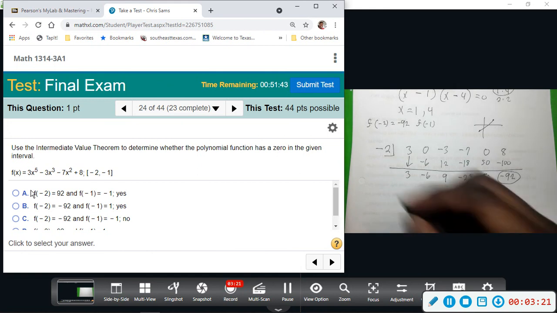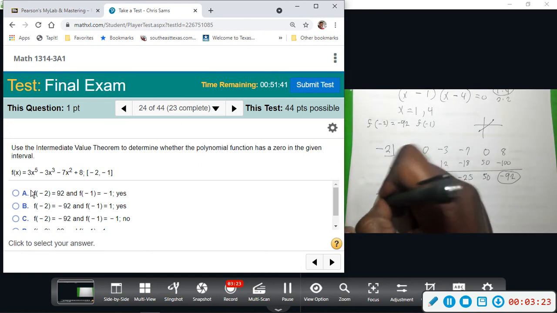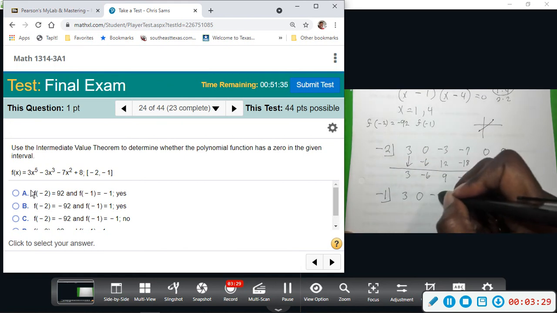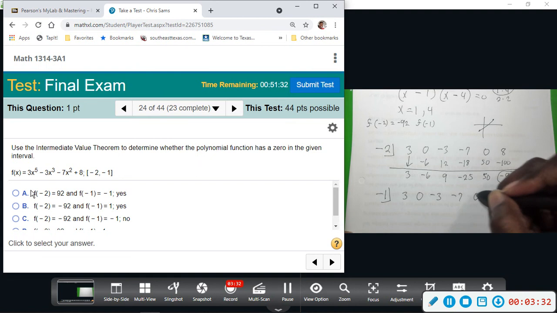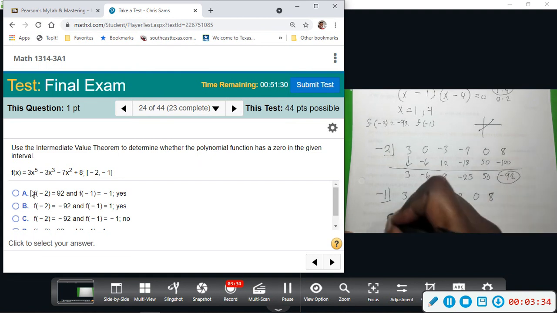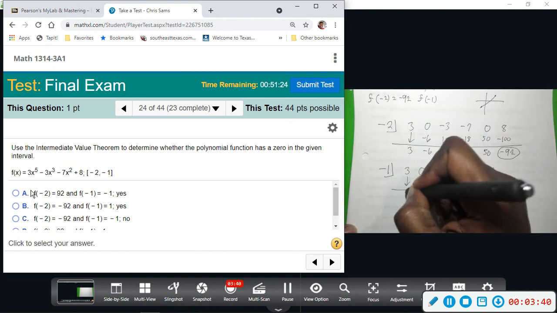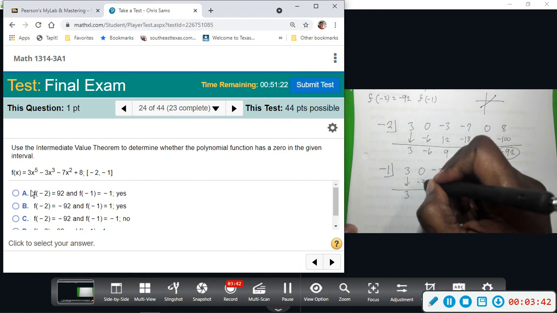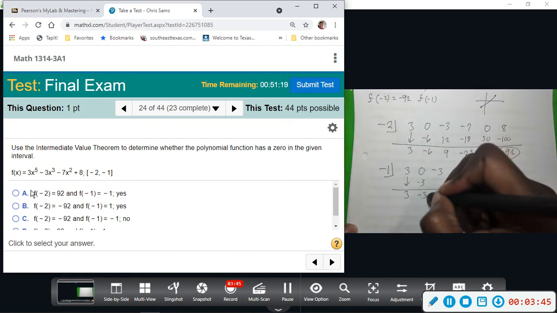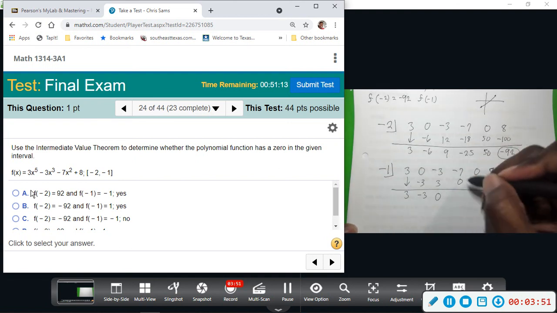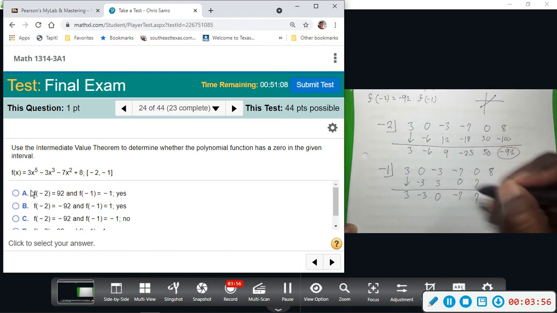So now I'm going to do it with -1. Same values: 3, 0, -3, -7, 0, and 8. I'm going to bring down the 3, multiply, -3, combine, -3, multiply, give me positive 3, 0, 0, and -7, positive 7, and positive 7, -7, positive 1.